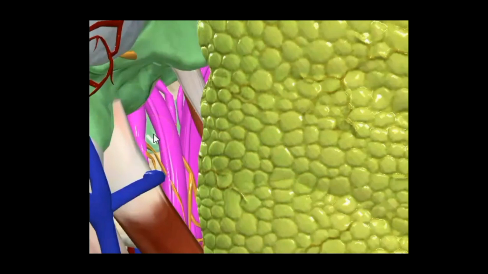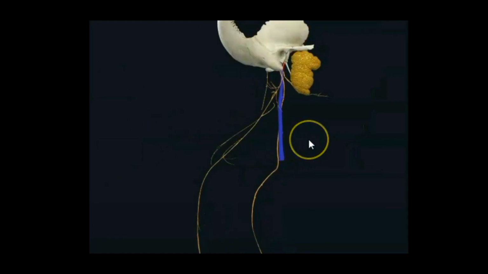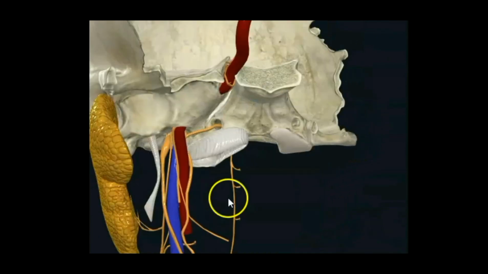If you isolate these parts, you can see there now the styloid process. The arrow is pointing to the styloid process with its attachments. Styloid apparatus, also called the Reichert's cartilage. You already know about it. So this is the view showing the relations of the posterior surface. Simple.